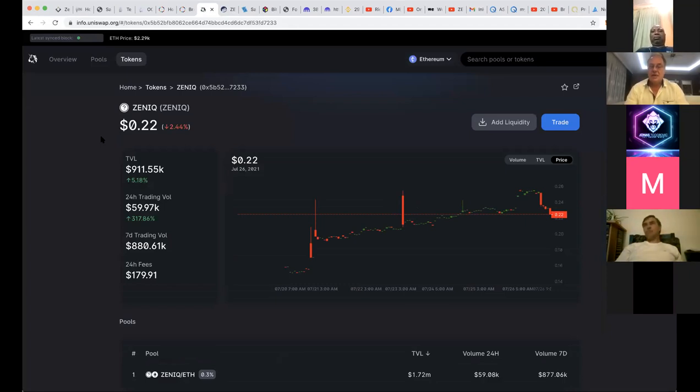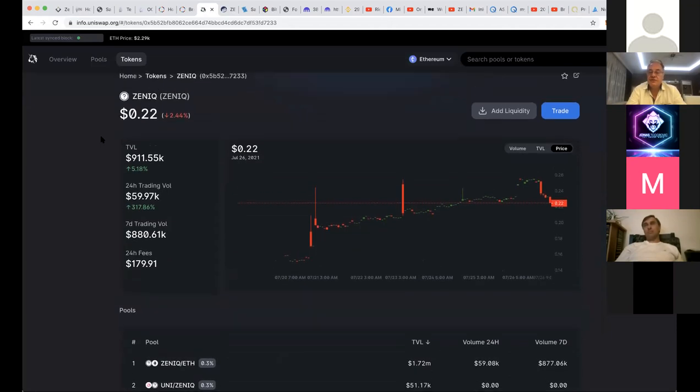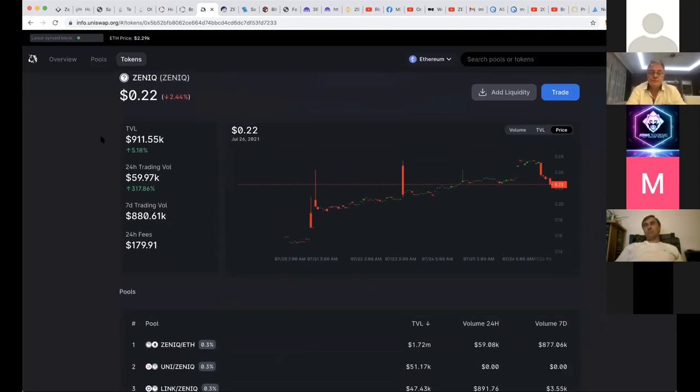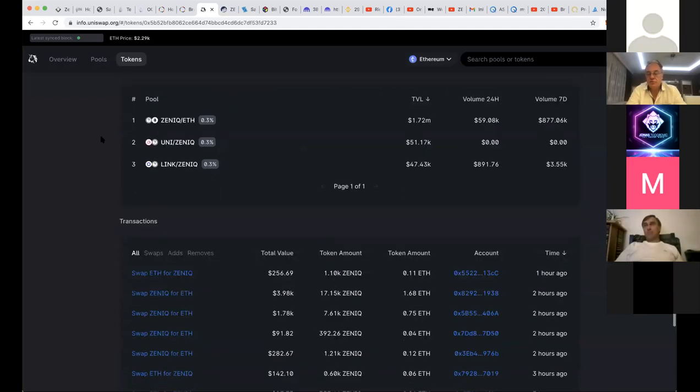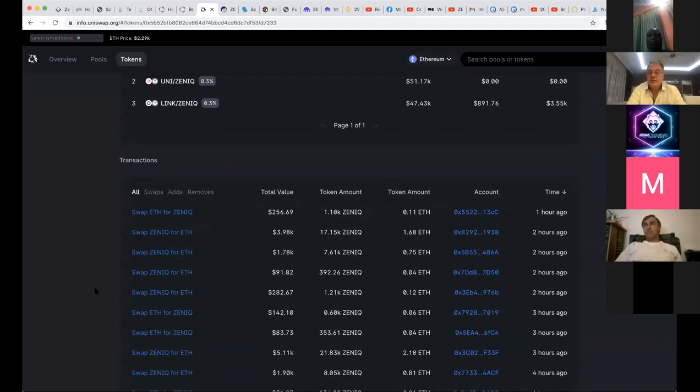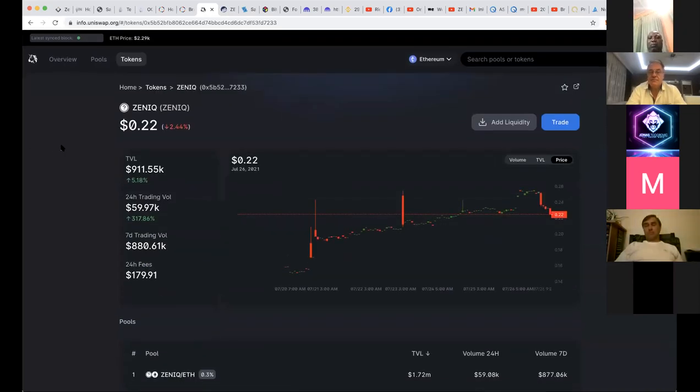If you don't know exactly how DeFi or decentralized exchanges work, you can either use this exchange to swap your ZENIQ token to Ethereum, Chainlink, or Uniswap token, or you can become a liquidity provider and earn commissions from the fees generated in the pool. The three currency pairs are ZENIQ Ethereum, Uniswap, and Chainlink. You can also see all swaps that are made, so you have all statistics here.